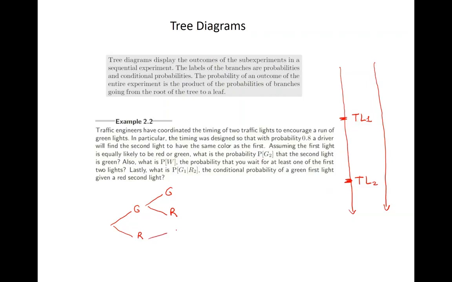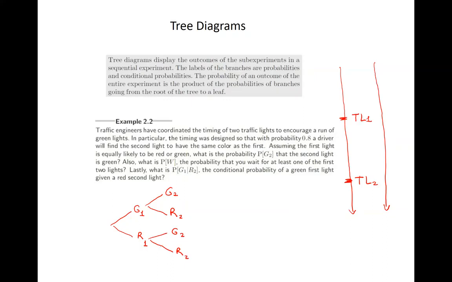And then the next will be again red or green. Okay, so we can use the indices here. Let's say the first traffic light could be green 1, red 1, and the second one green 2, red 2. So this is the problem, and this is how we draw a tree for this experiment.